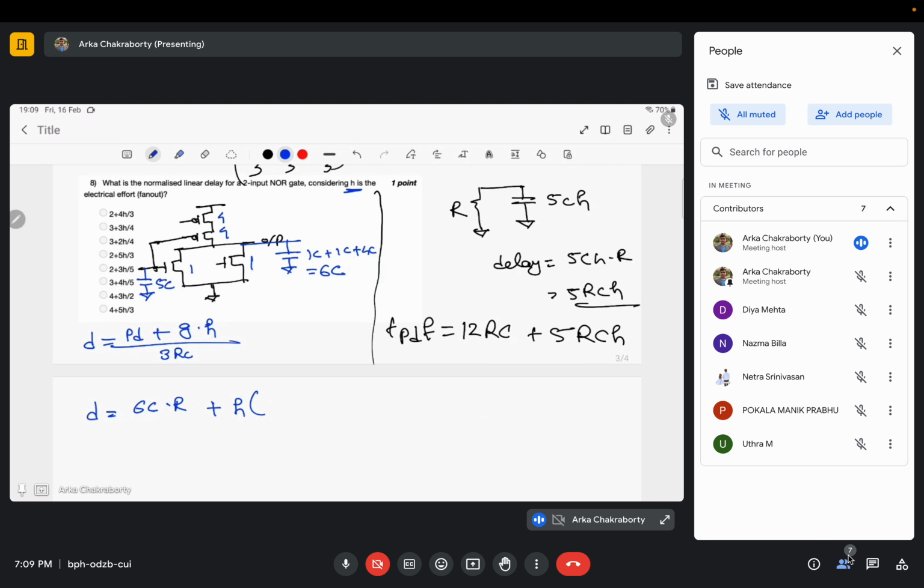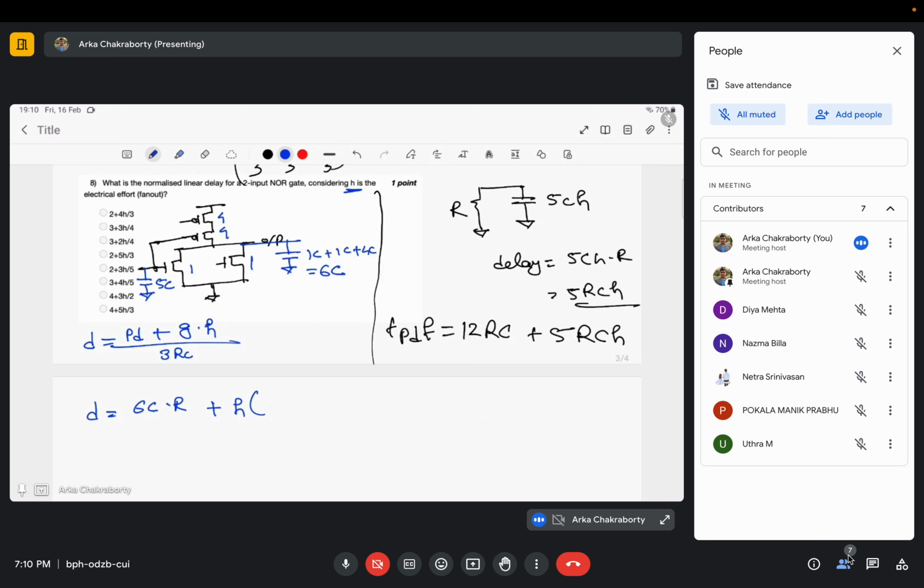Logical effort tells you how much more work your circuit is doing compared to a unit inverter to do the same amount of charging or discharging, that is, to do the same amount of work. So how much more work has been done by your circuit compared to a unit inverter to charge the capacitance to the same voltage. This is the information logical effort is giving you.